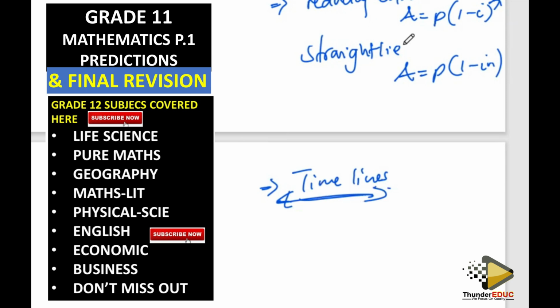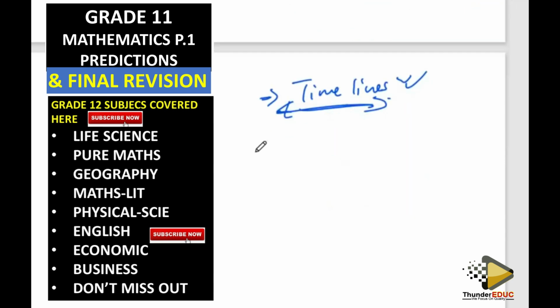Then we can apply our timelines. What else do we need to know about finance? Probably the compounding periods. Because in most cases, it's in grade 11 that we are introducing the compounding periods.